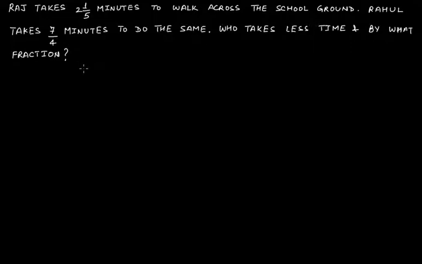Exactly. So if this is a school ground, let's say that, suppose that this is a school ground. So Raj takes these many minutes to walk across the school ground. So if Raj starts from here and then travels all the way up to here, Raj takes 2 1/5 minutes.